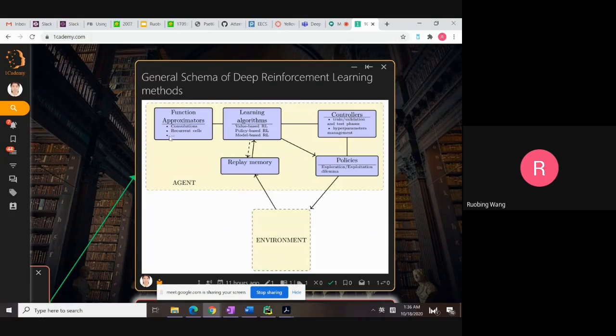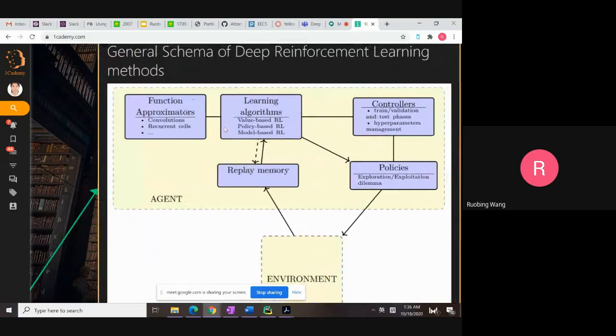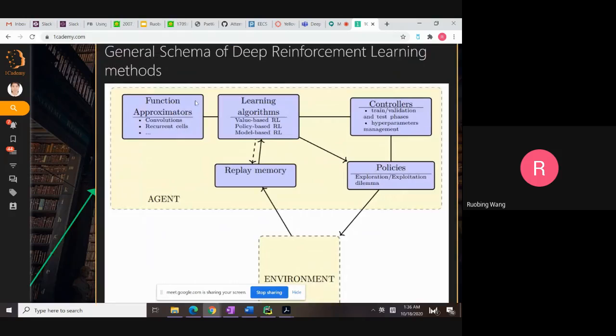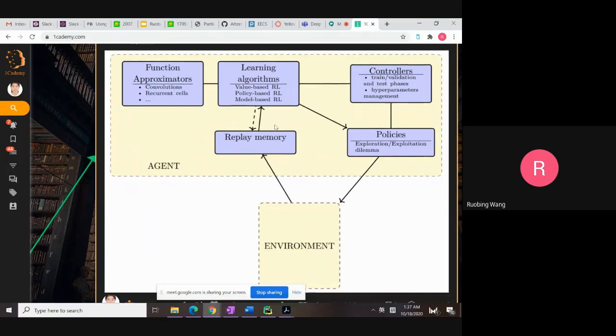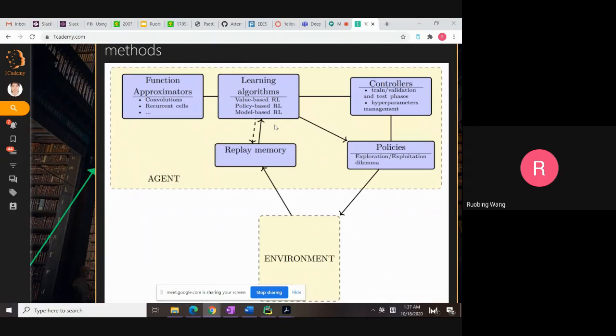Here we have some function, which is the deep learning part. We will use some convolutions or recurrent cells to calculate our values. And here we have our learning algorithm, which is the category we discussed before, like value-based reinforcement learning. And we also have some controller, which handles phases or hyperparameter management.